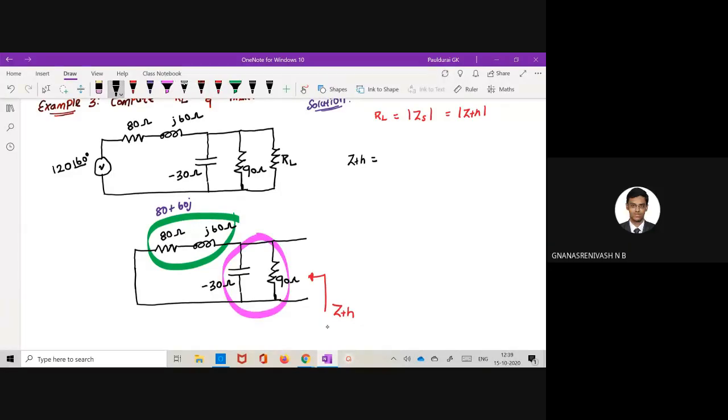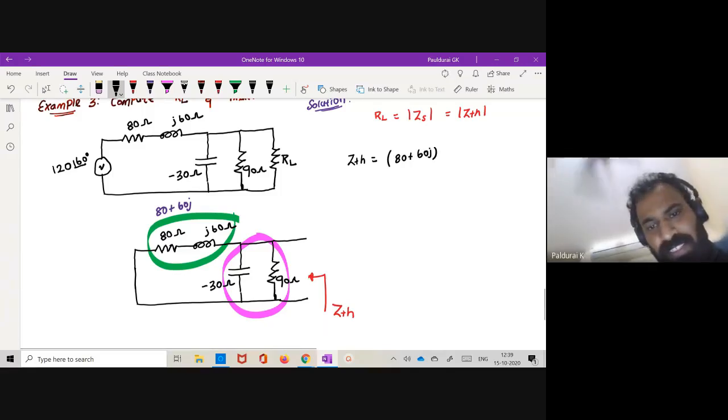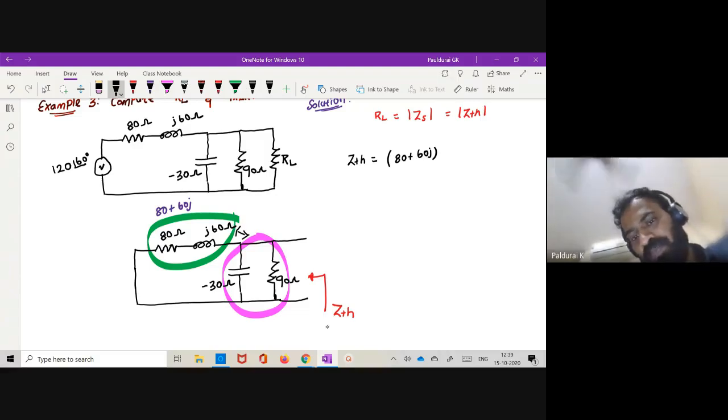So 80 plus 60J is in series with the parallel combination of 90 and minus 30J, and these two are connected in series.